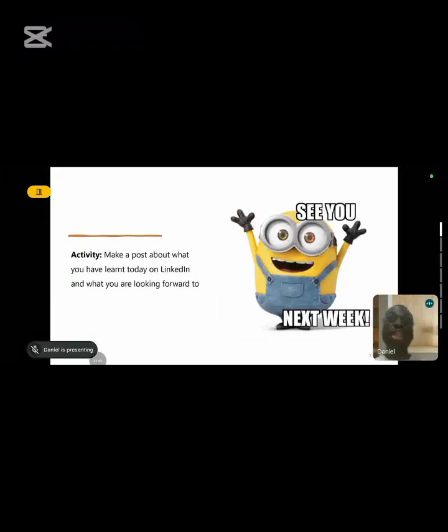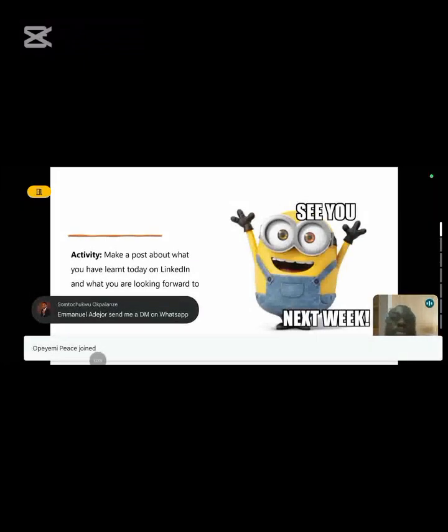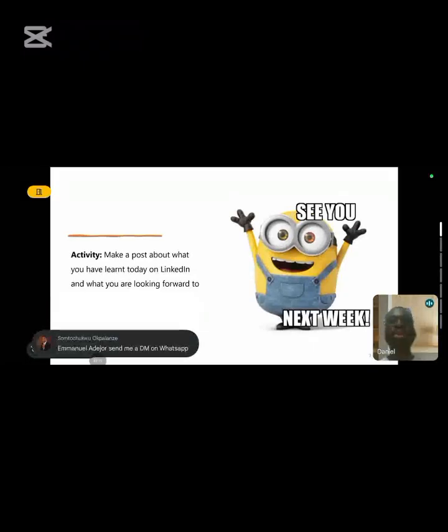Obviously, the Benz has more functionality. You have the reverse mirror camera, you have the digital dashboard, all of that. It's still the same thing. It's going to move forward and move backward. But it might take you some time to acclimatize to the new functionality of this new car.